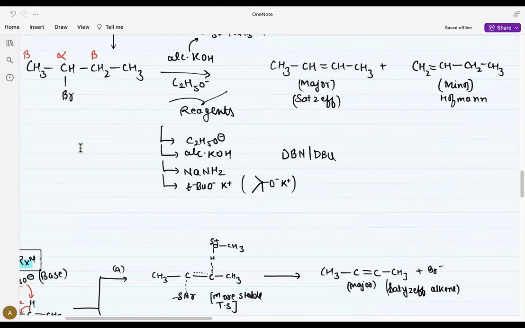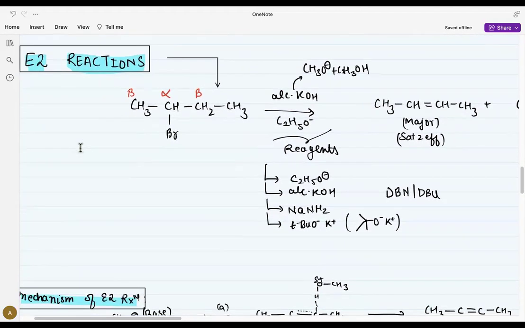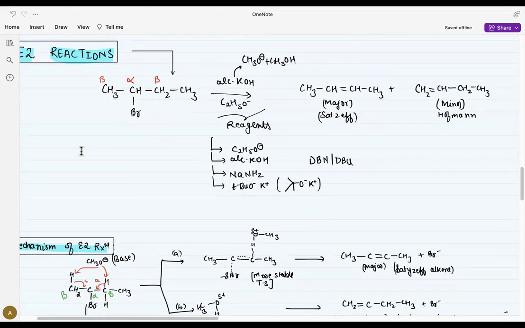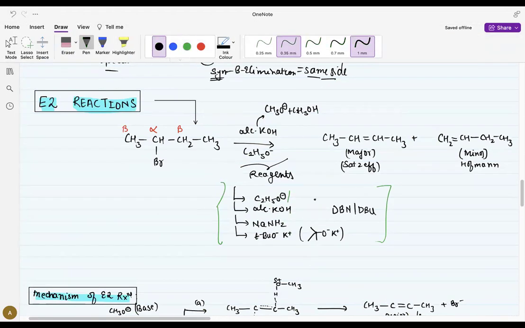So today we will study the E2 mechanism. What are E2 reactions? If on the arrow reagents such as C2H5O minus in ethyl alcohol are written, you should remember that it is an elimination reaction.